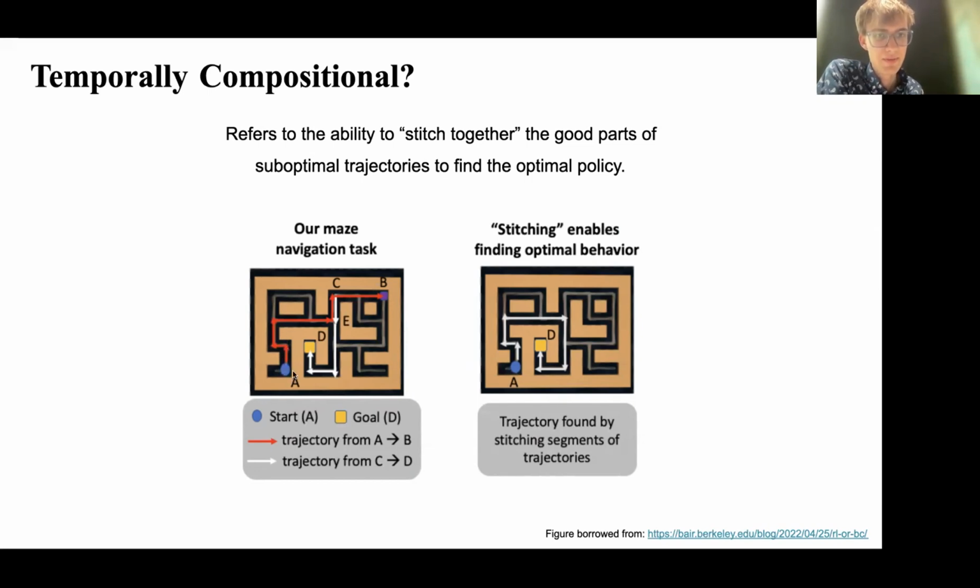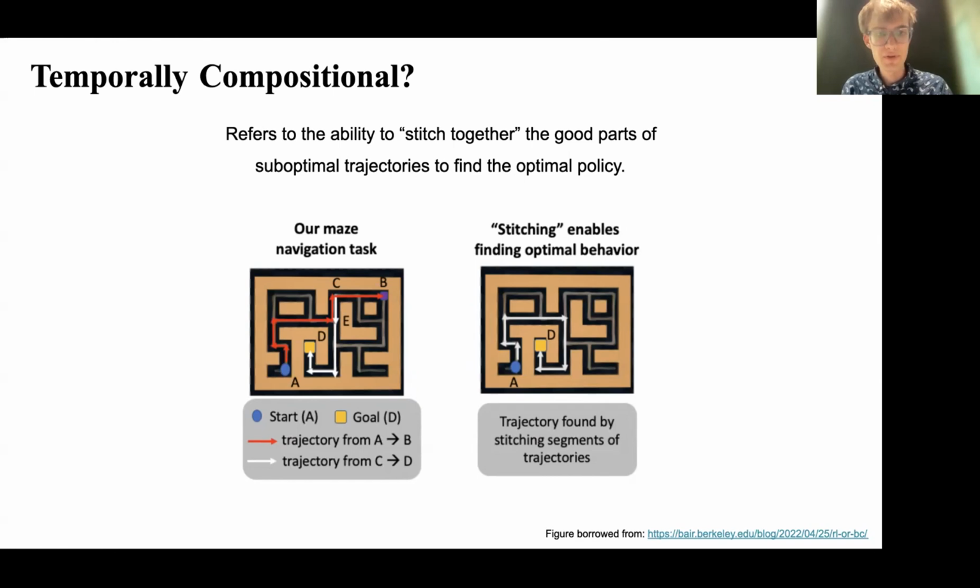One is the path from A to B, and the other is the path from C to D. What you really want your agent to do is go from A to D, but there's no full optimal trajectory of this in the data set. Some of the trajectories have the right ideas, but none of them have the full thing. Can you learn a policy which is able to stitch together all the good things in the data to find the optimal thing? That's what temporal compositionality refers to.